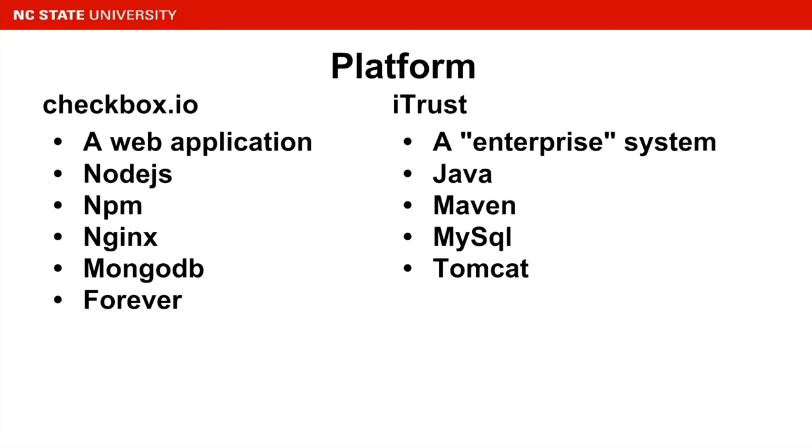The database is MongoDB, and we deploy Checkbox.io with forever. Another program is iTrust. It is an enterprise system, and we use Java as the backend language and Maven as the package management tool. The database is MySQL, and we deploy this program on Tomcat.